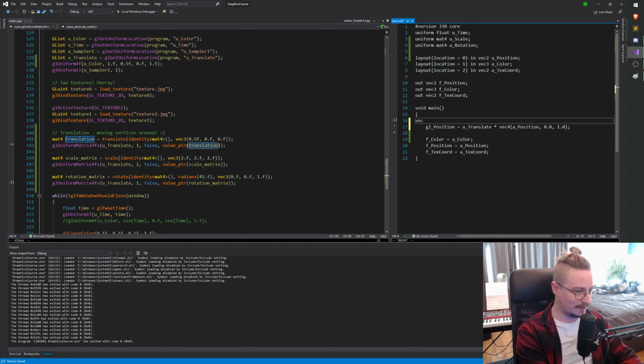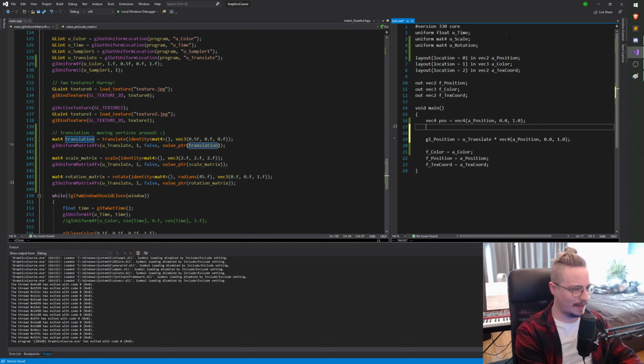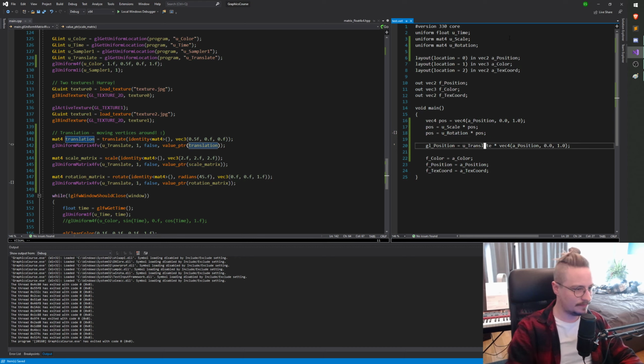Okay, so I'm gonna do a vec4 pos, just saving this vector4 in a variable that we can change. And then pos is equal to uScale times pos, and then pos is equal to uRotation times pos.